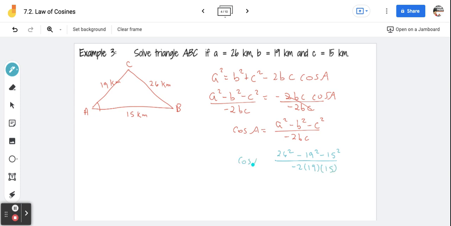And that's cosine of angle A. Then I need to go to my calculator and calculate that. 26, 19, 15. Okay, and then it's divided by negative 2 times 19 times 15.